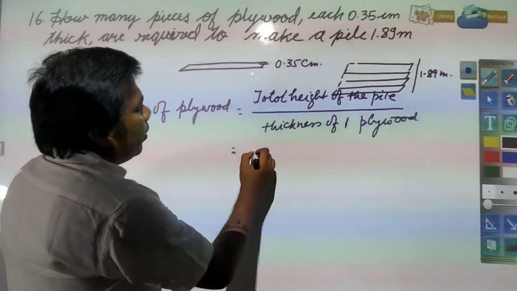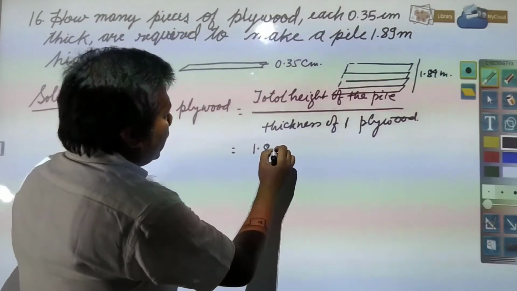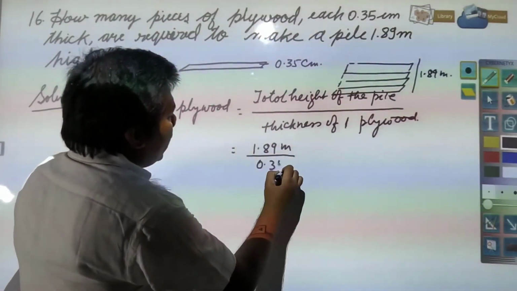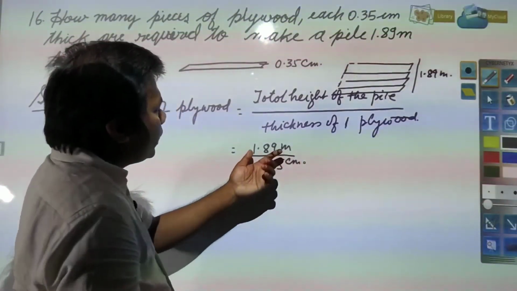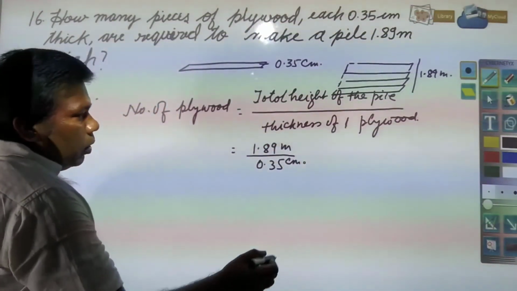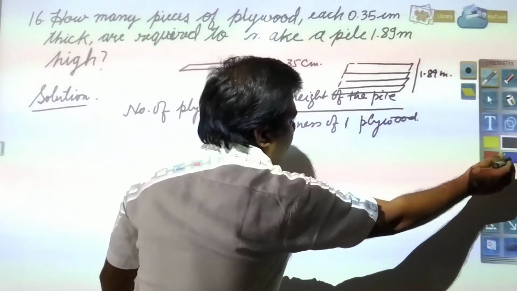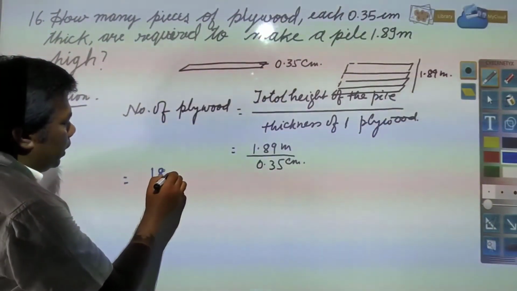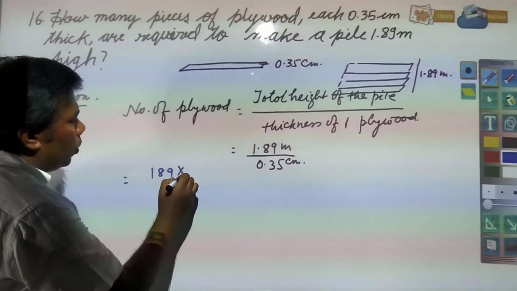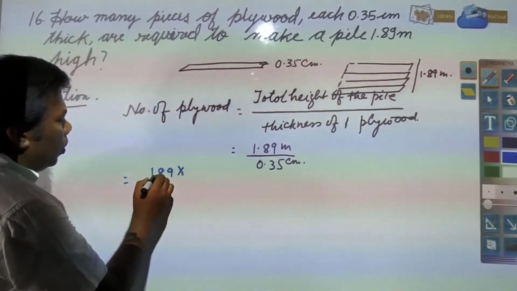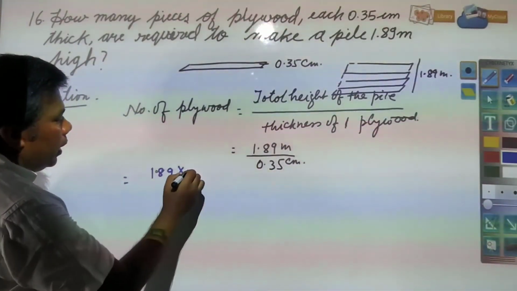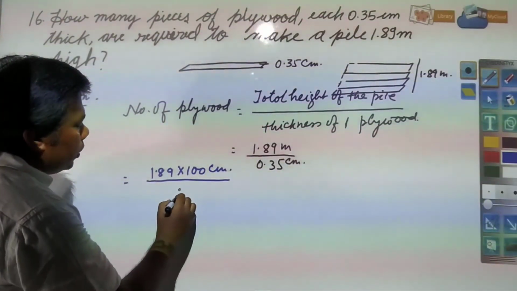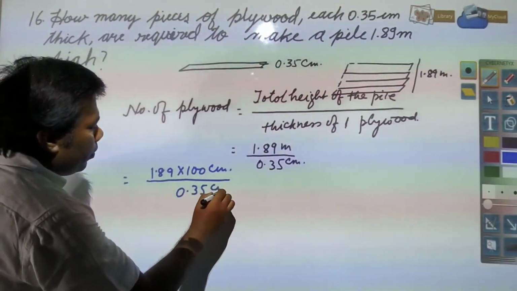So here you will have 1.89 meter divided by 0.35 centimeter. So first you convert that into centimeter. So it will be 1.89 into 100 centimeter divided by 0.35 centimeter.